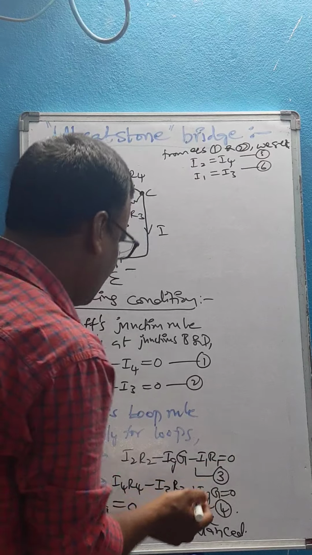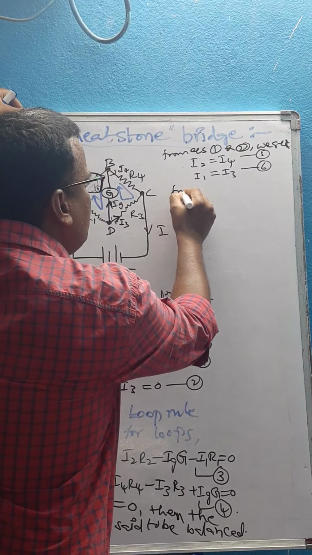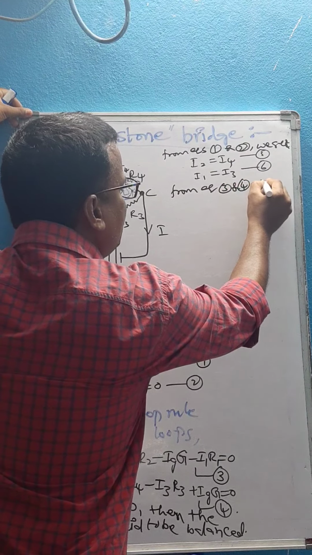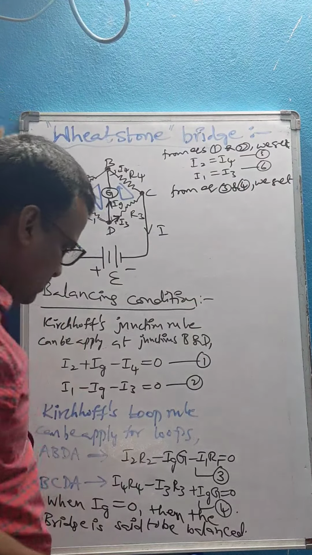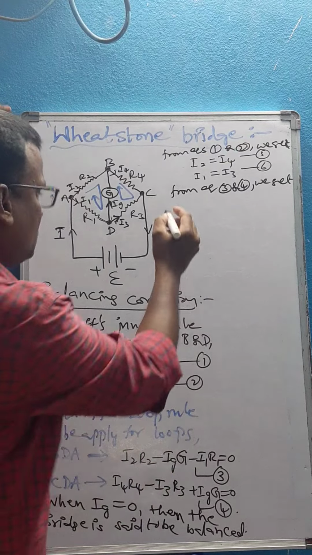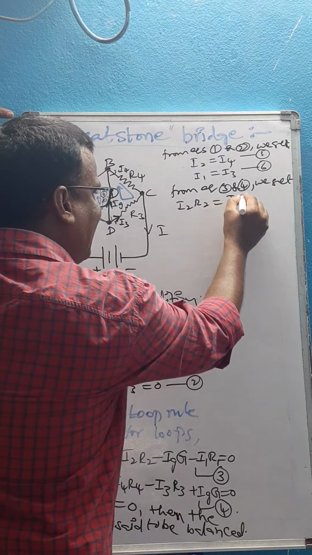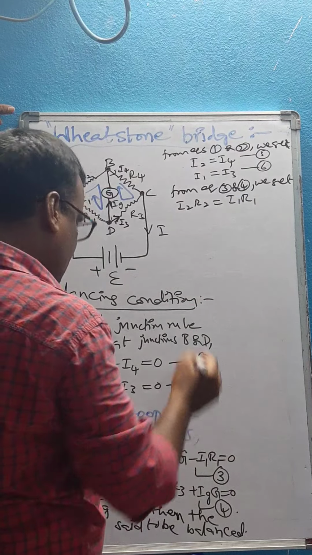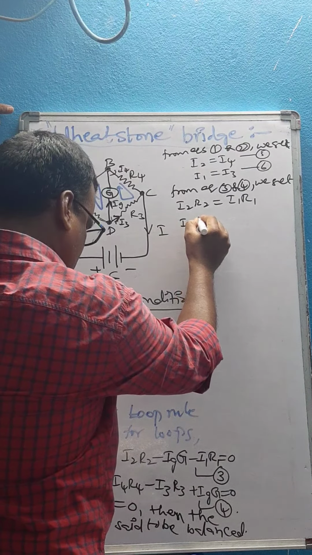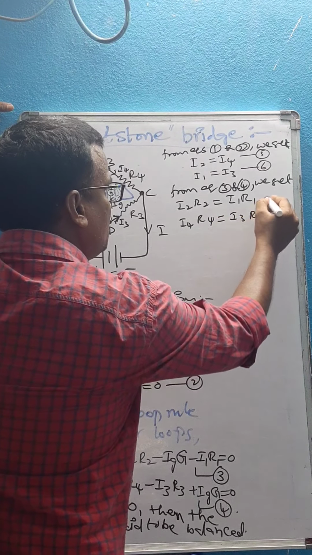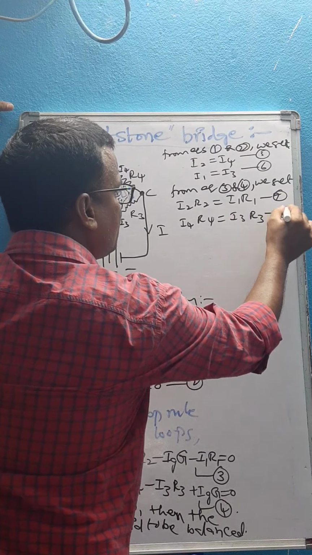From equations 3 and 4, what do we get if Ig equal to 0? I2 R2 equal to I1 R1 and I4 R4 equal to I3 R3. This is equation number 7, equation number 8.